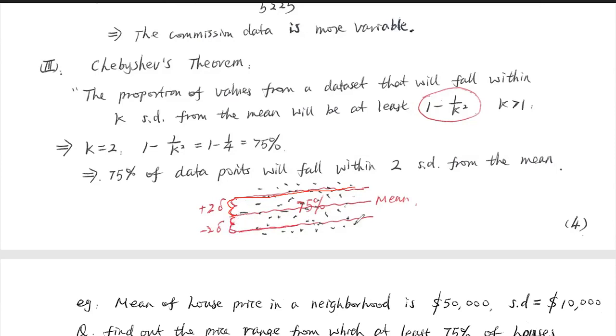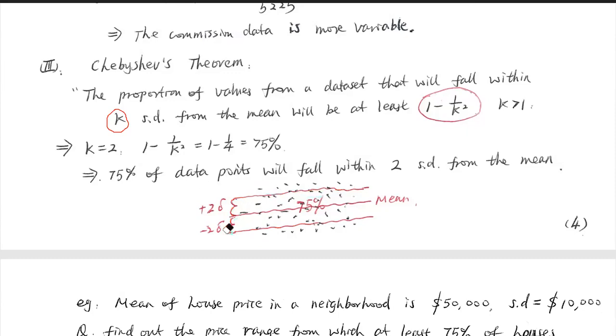So those are 2 standard deviations away. K is the meaning of how many standard deviations away. K is not the standard deviation itself.